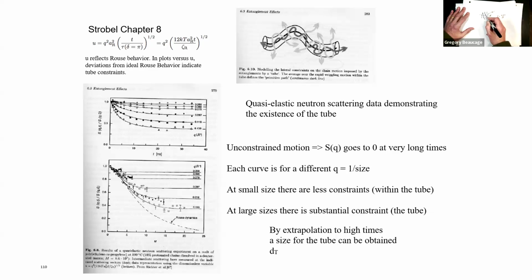And Q is also 4 pi over lambda times the sine of the scattering angle, which is that one over 2, and your diffraction angle is where these things are going.